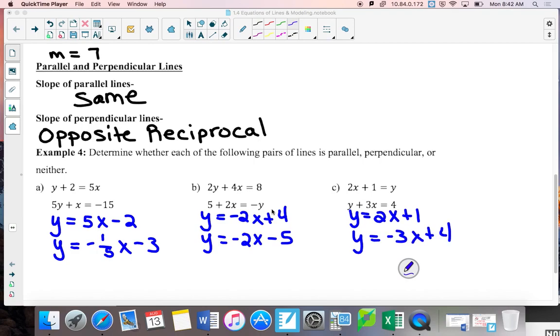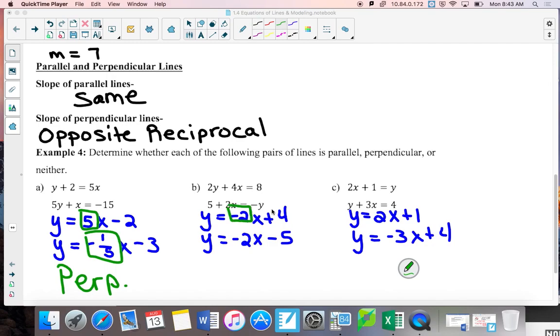Okay, so now that they're all in slope-intercept form, it's very quick and easy to figure out what the slope of the lines are. It's the number that's in front of x. So in this first example, the first one's a slope of 5, the next one's a slope of negative 1/5. Those are opposite reciprocals. One's positive, one's negative, and the fractions are flipped. So these two lines would be perpendicular to each other.